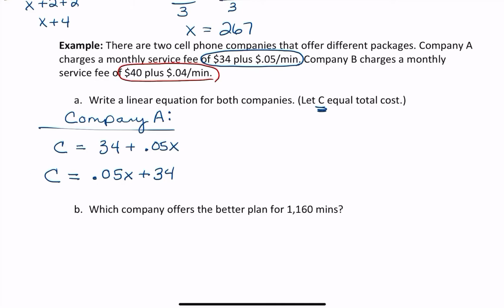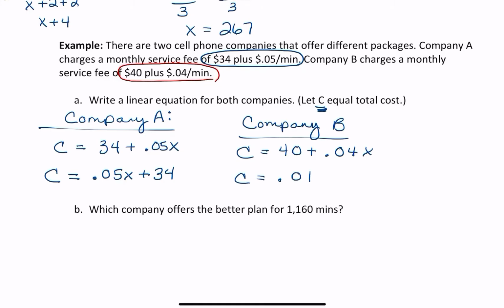You can put it in mx plus b, or you can just leave it in the order that you started with. And then company B will be similar, but it's 40 plus 0.04x. And then again, if you want to flip that around, it's 0.04x plus 40.